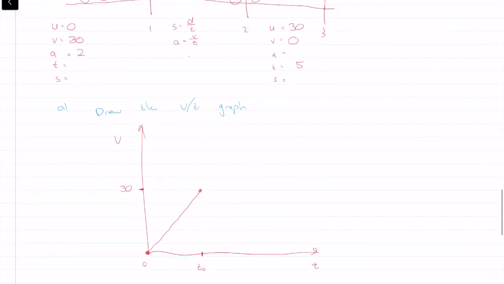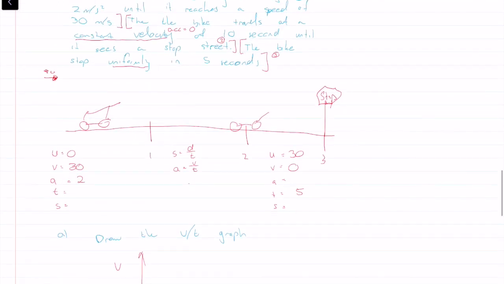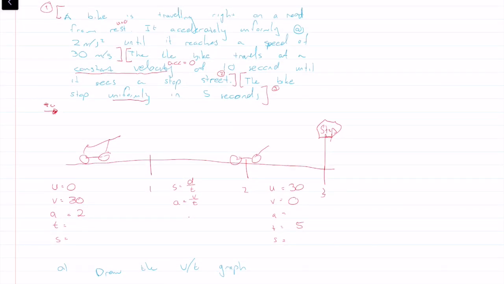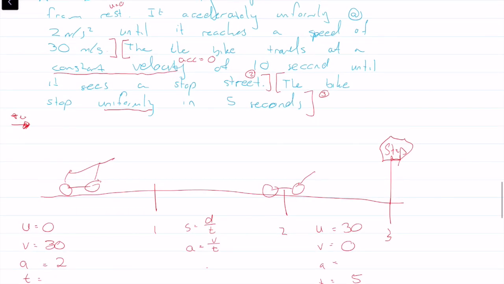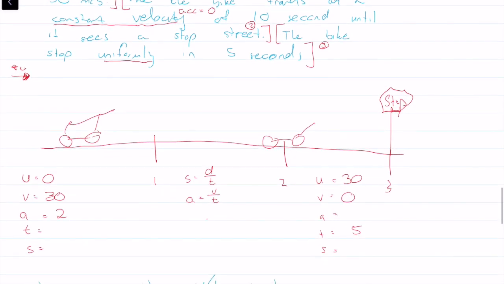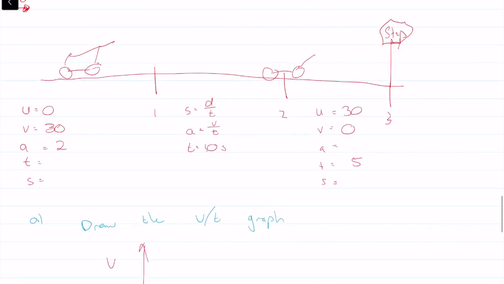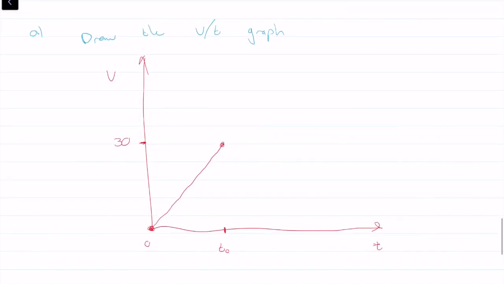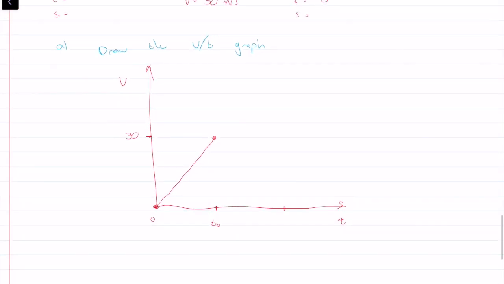Then at some time, we know the time here, for stage 2, the time equals 10 seconds, and the velocity equals 30 meters per second. But we know that the time is t naught plus 10 seconds, at a constant velocity.